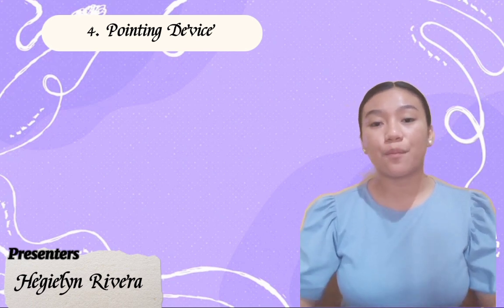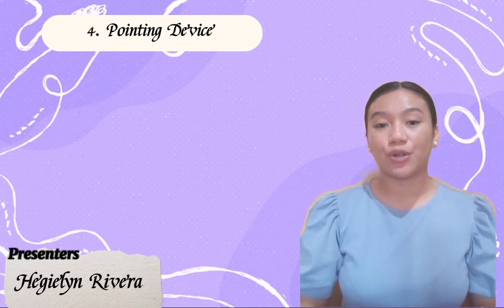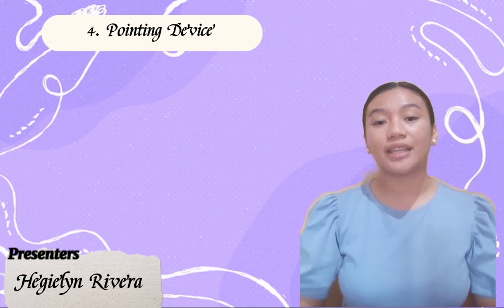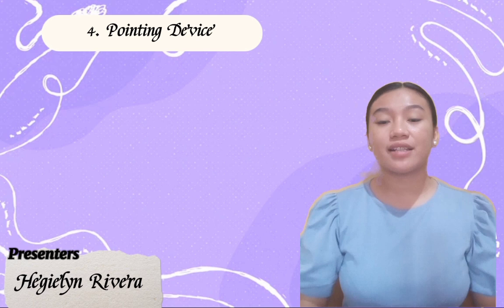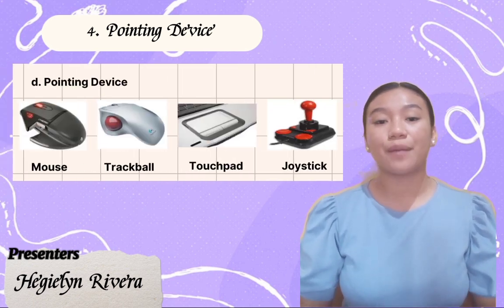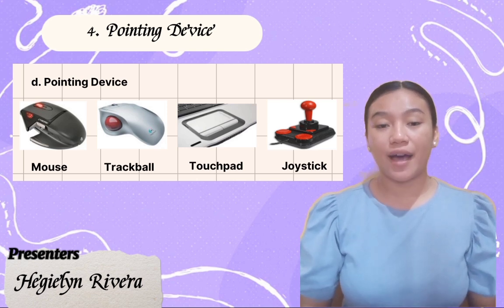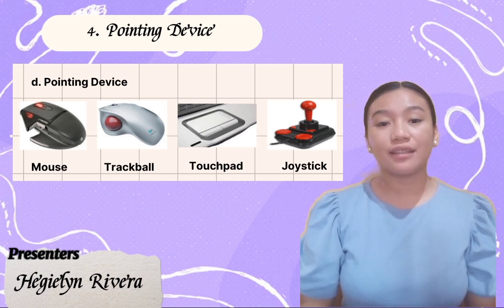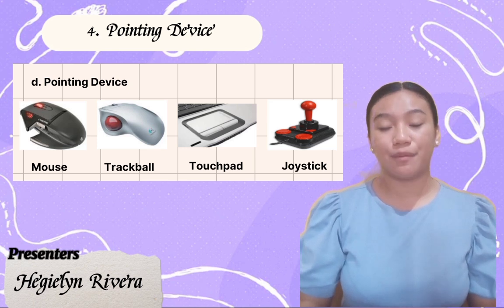A pointer is a small symbol on the screen whose location and shape change as a user moves a pointing device. Examples of pointing devices: we have the mouse, which is what most people use. We have the trackball and the touchpad, which is what is on our laptops. And the joystick, which is used for gaming. So, those are examples of pointing devices.